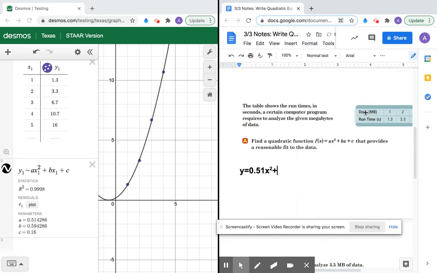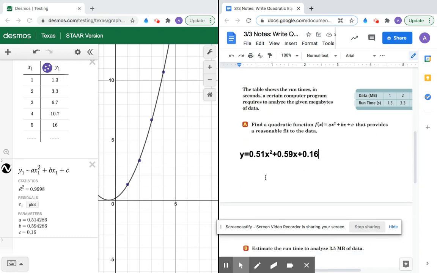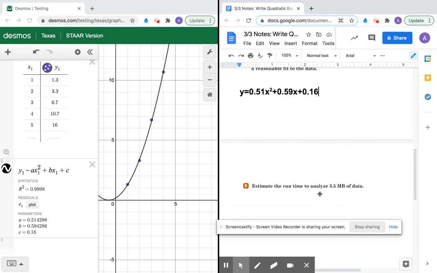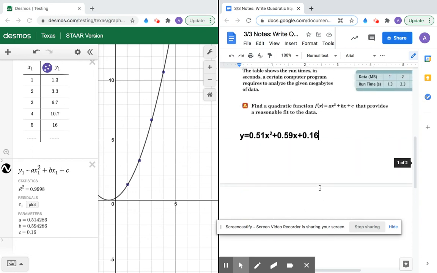B is 0.59, 0.59x, and C is 0.16, 0.16. And from here, this would be the equation you can use to estimate the runtime to analyze when 3.5 megabytes of data is used.